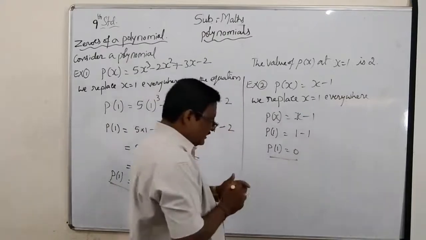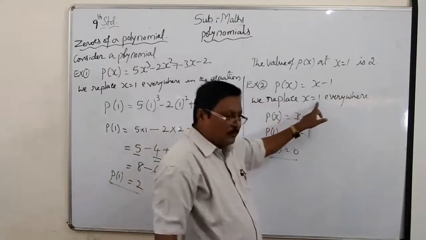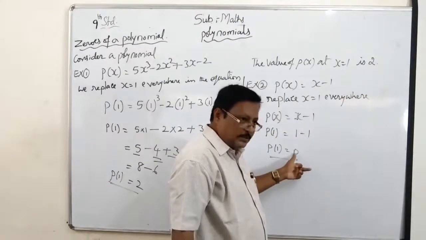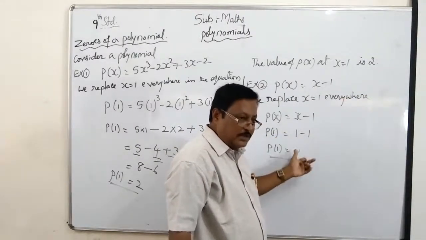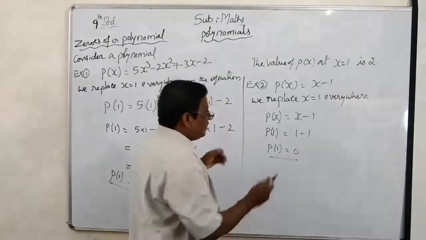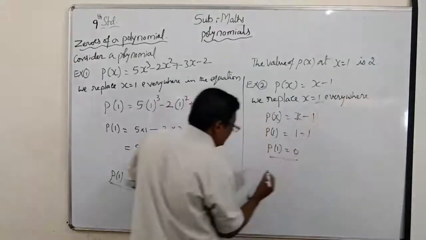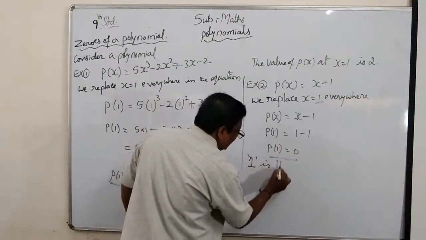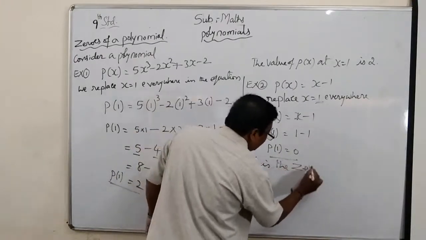When we give the x value, that value makes the polynomial 0. Then that value of x is called a zero of the polynomial. 1 is the zero of the polynomial.